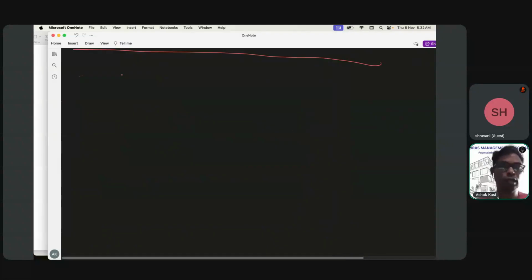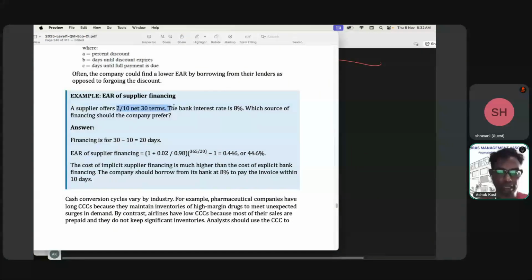So how you should understand this is, first of all, what is 2 by 10 net 30?